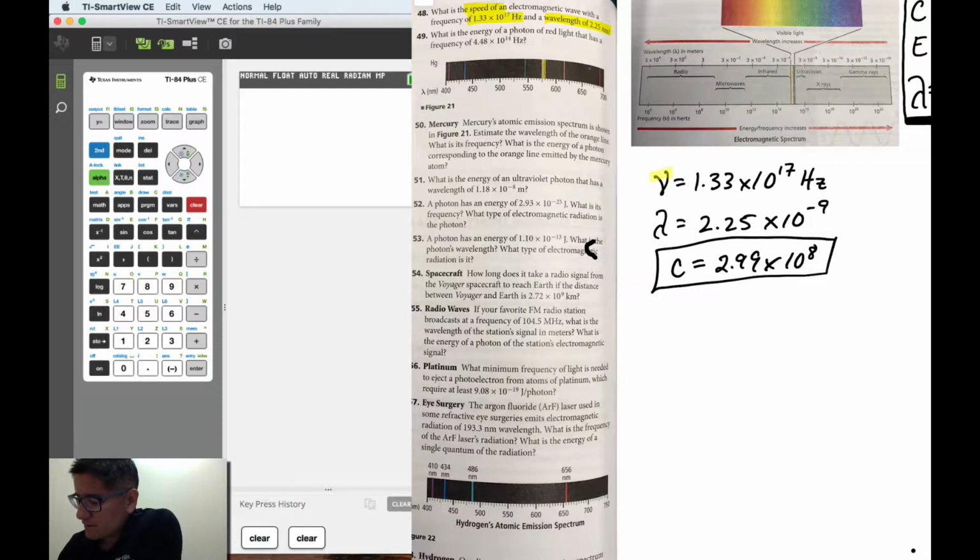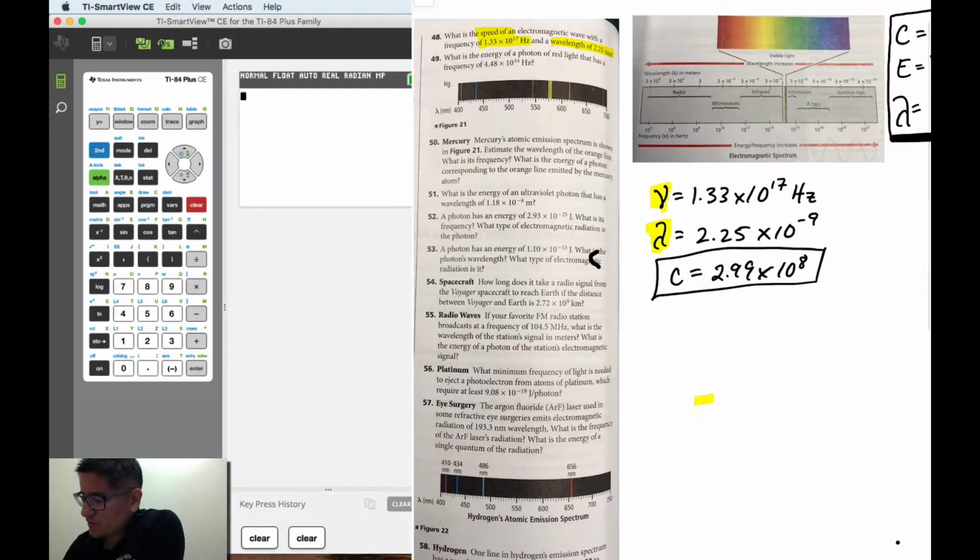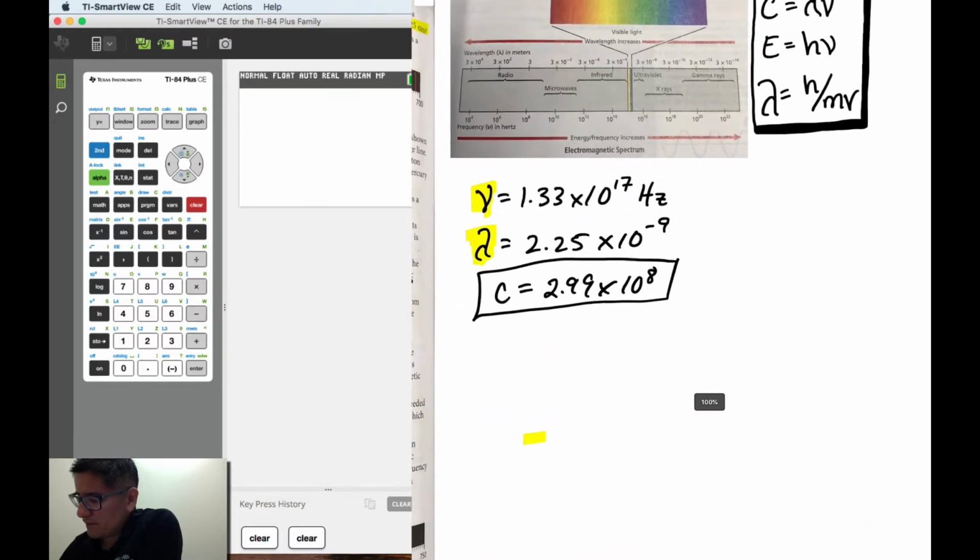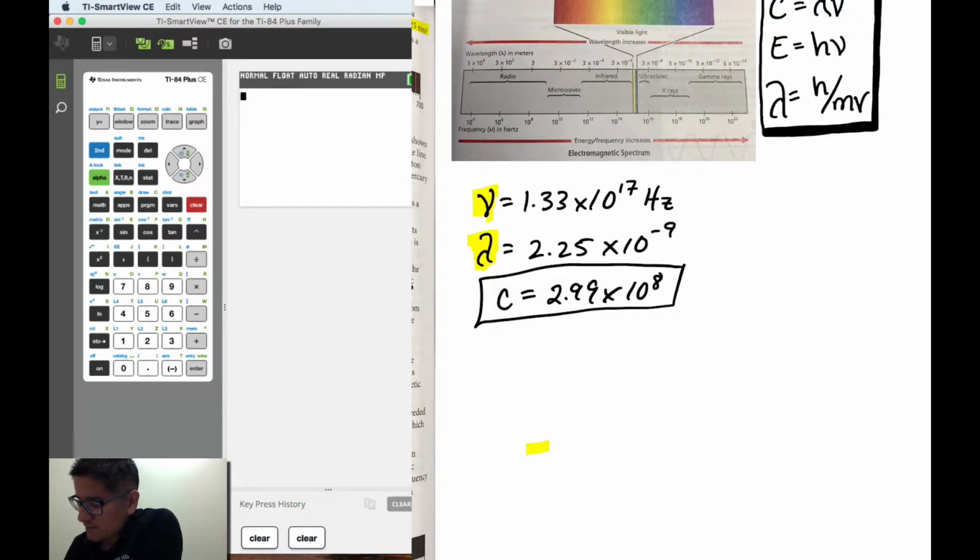Given these two givens, the best equation to use is my speed of light equation. So C equals lambda, which is 2.25 times 10 to the negative 9, times my nu, which is 1.33 times 10 to the 17th power.